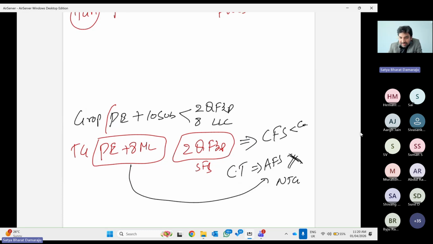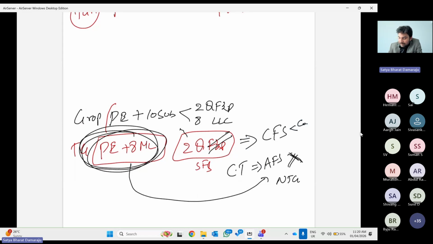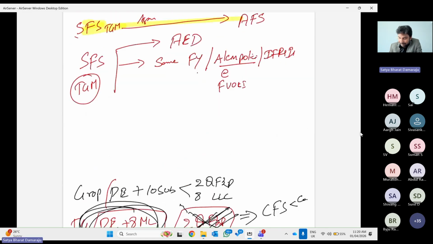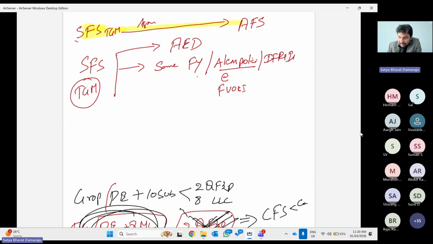So going forward, whenever we say aggregation, we are talking about only the tax group members. Non-tax group subsidiaries, joint ventures or associates are not taken for aggregation. Hope I'm clear. The SFS will be prepared as per AED, same financial year, and everything will be completed.